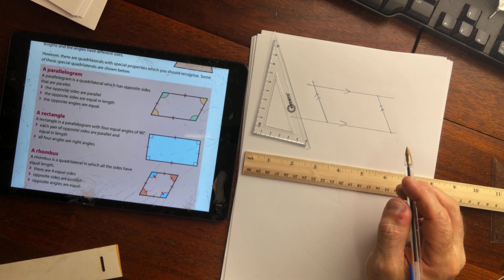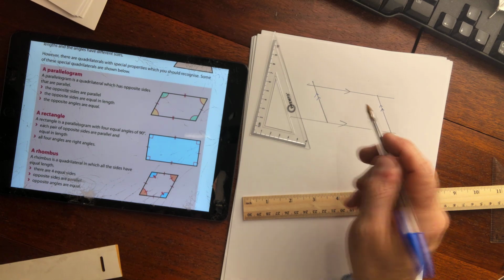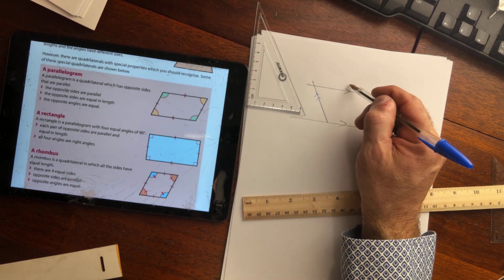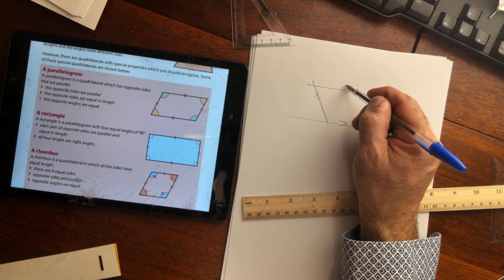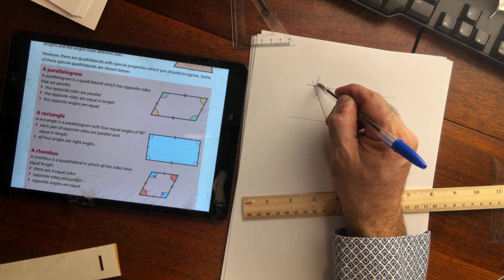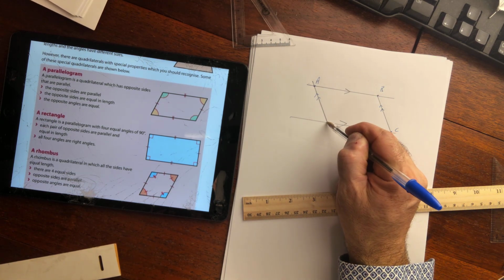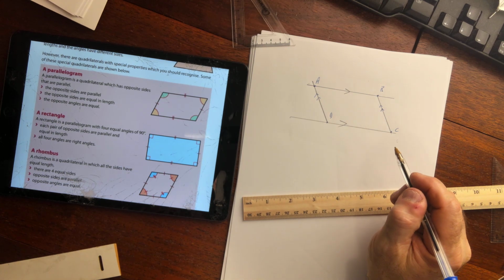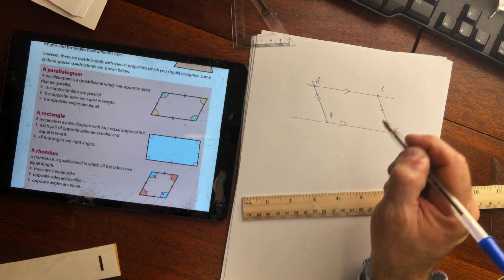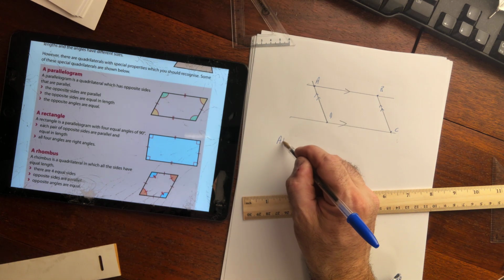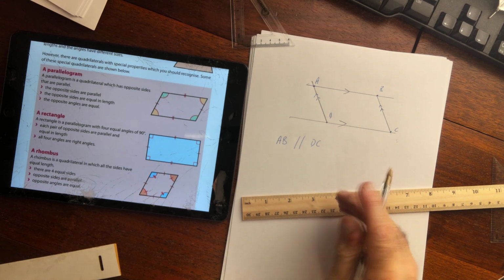So what are the properties of a parallelogram? Opposite sides are parallel. So let's just name the sides. We might be more inclined to name the points A, B, C, and D. So we will say line AB is parallel to line DC.